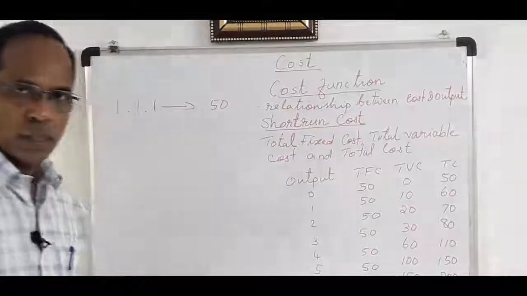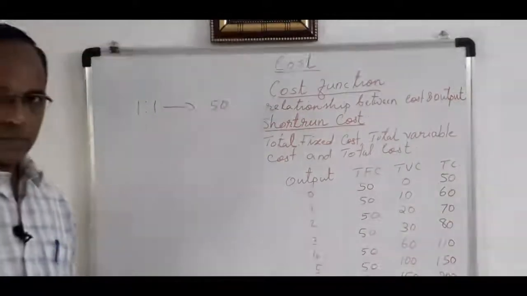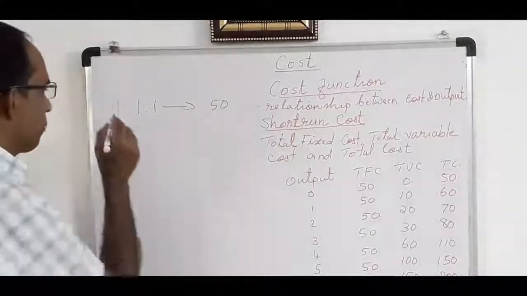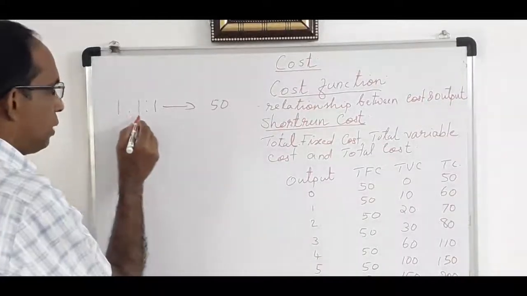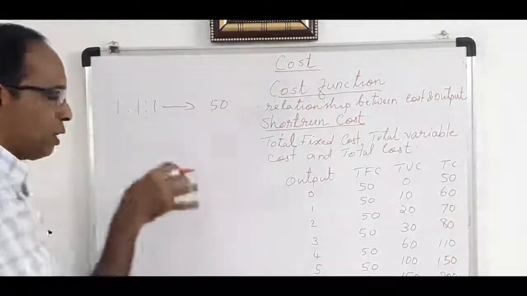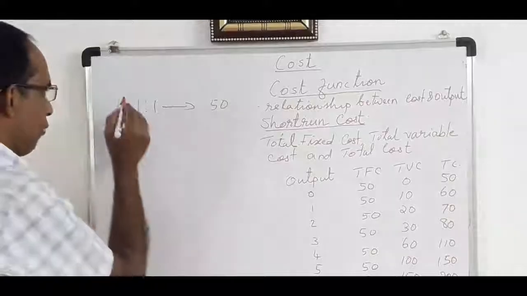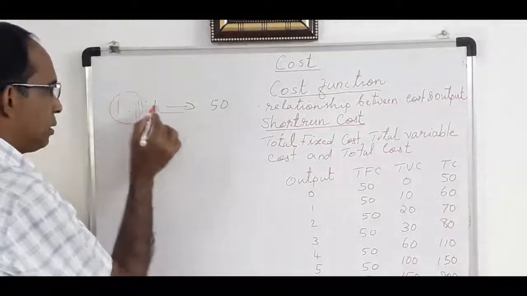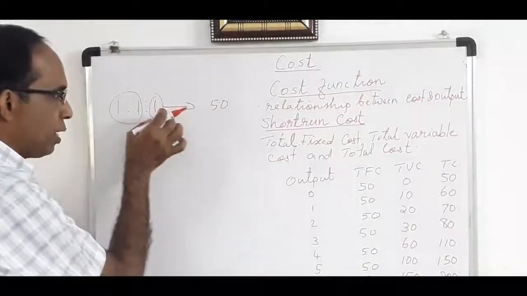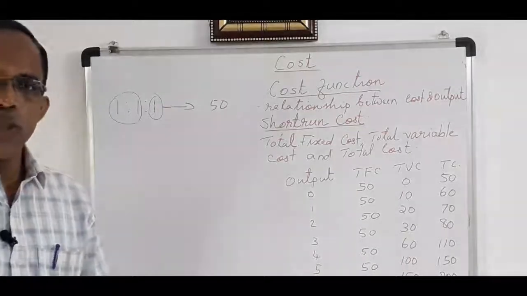Suppose a bakery owner uses 3 factors of production: land, capital and raw material. And in short run we have studied there are fixed factors and variable factors.